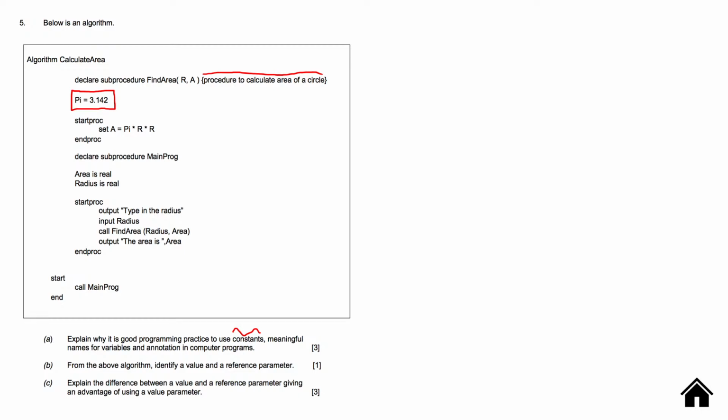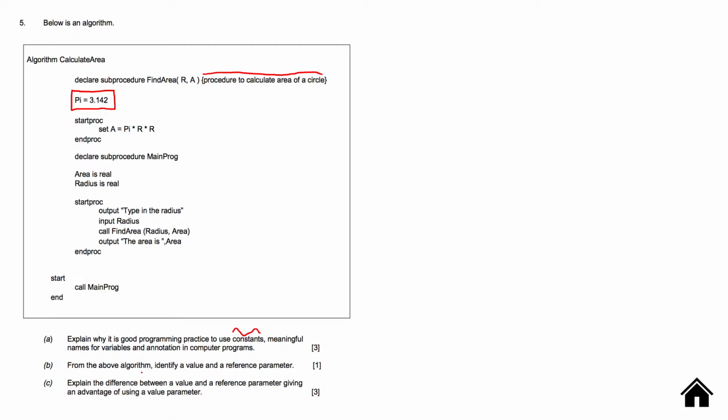The reason we use annotation is for other developers normally, or if we don't use the code for a long period of time, coming back to it often takes a little while to get our head around it. So we read the comments to explain what that section of code is doing, and that helps our readability and understanding much more.